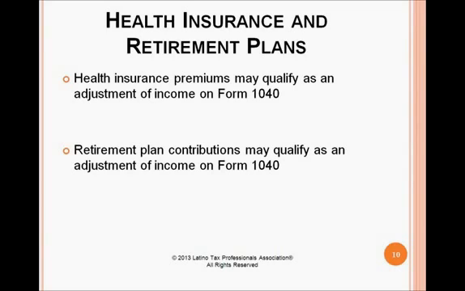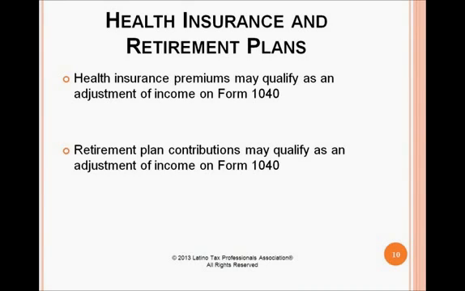Health insurance and retirement plans are expenses for even self-employed people, but they're not considered an expense of the business. You would include any health insurance premiums that may qualify as an adjustment of income on Form 1040.